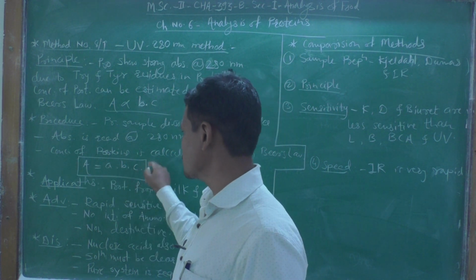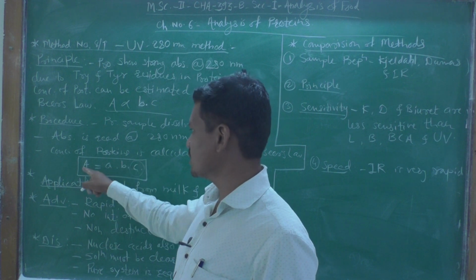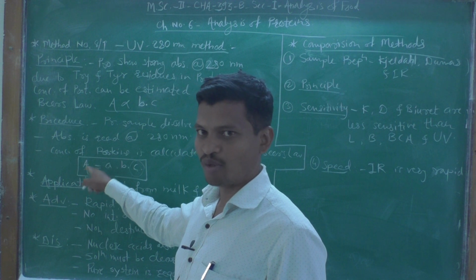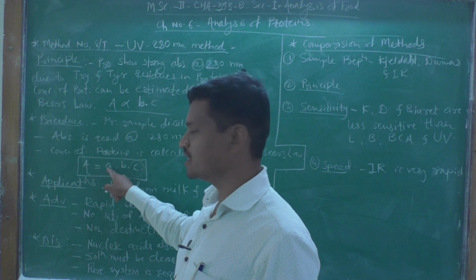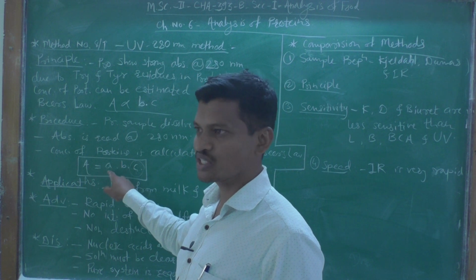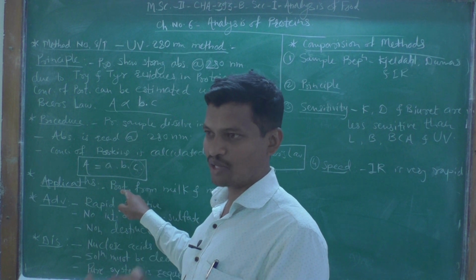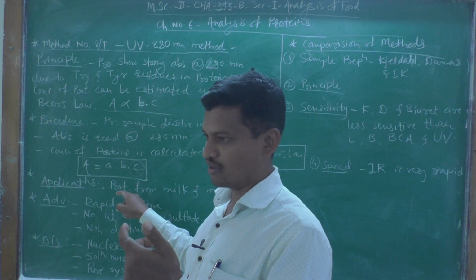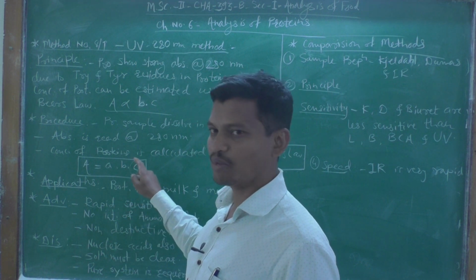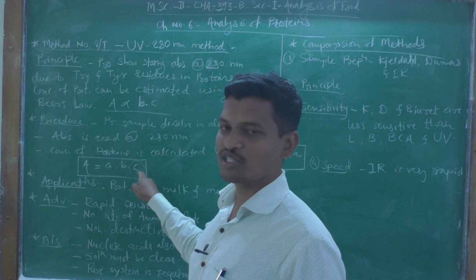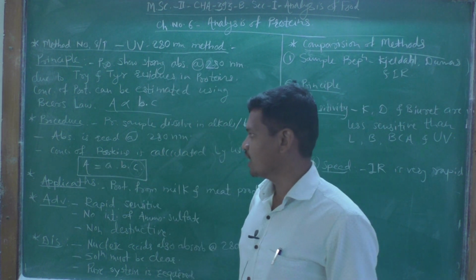So by using this formula we can calculate the concentration of the protein. We measure the absorbance from the UV visible spectrophotometer. Then a is fixed, that is constant, known as absorptivity. b is the path length, which can be calculated using the cuvette parameters. And c, we have to determine, and the concentration of this protein can be calculated by using this relation.